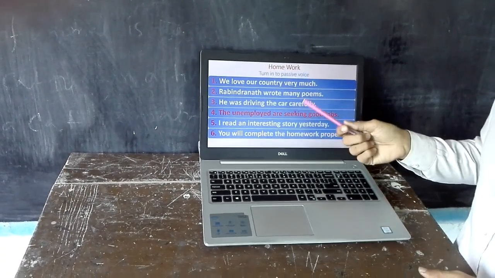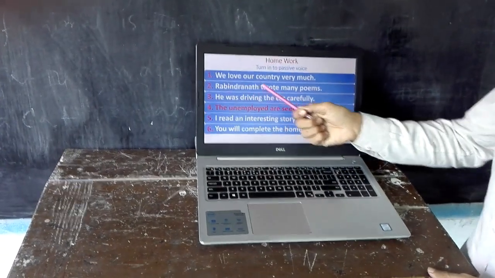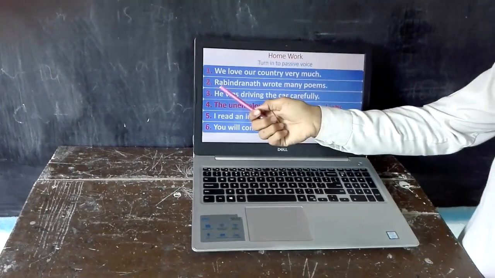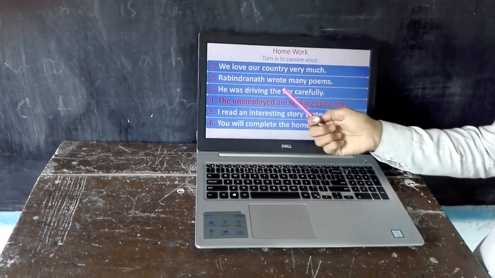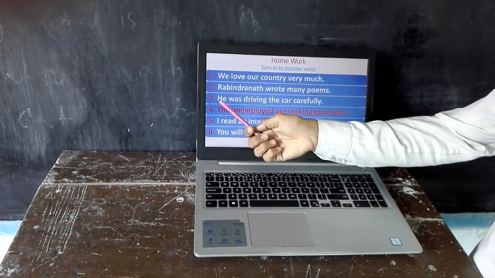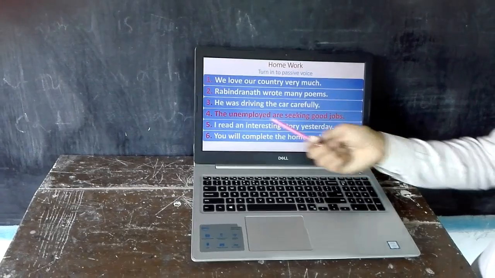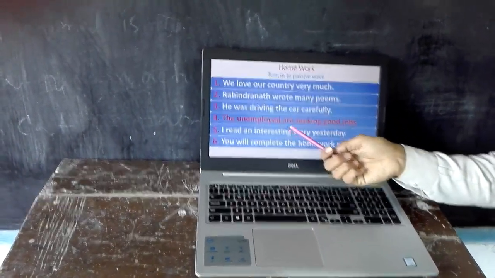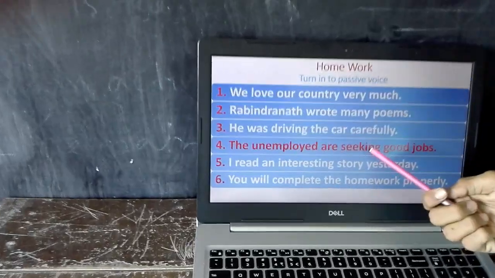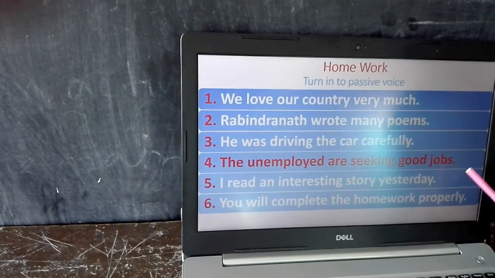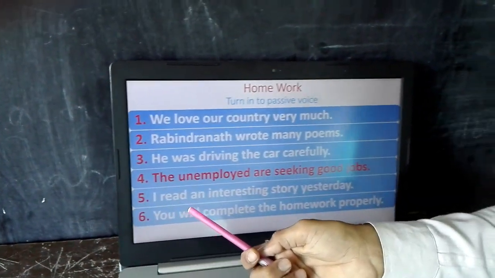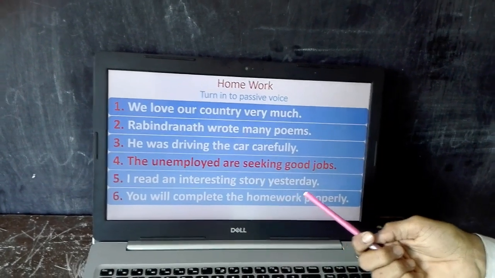And here in the homework, first sentence is, we love our country very much. The second sentence is, Rabindranath wrote many poems. Number 3, he was driving the car carefully. Number 4, the unemployed are seeking good jobs. Number 5, I read an interesting story yesterday.